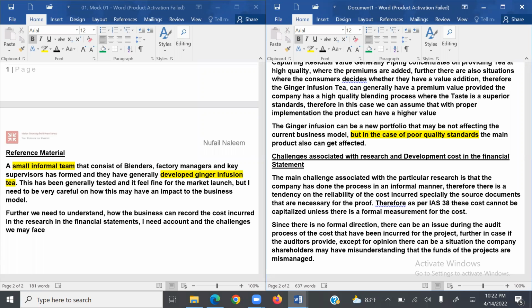Full stop. There can also be a situation where the management is held responsible for allowing such acts in the company.